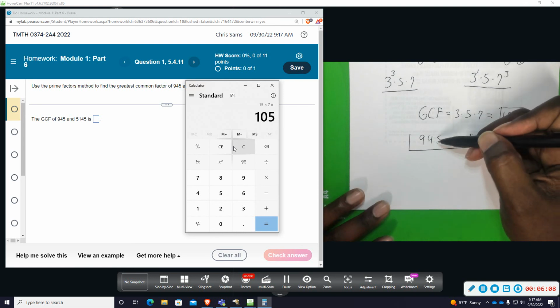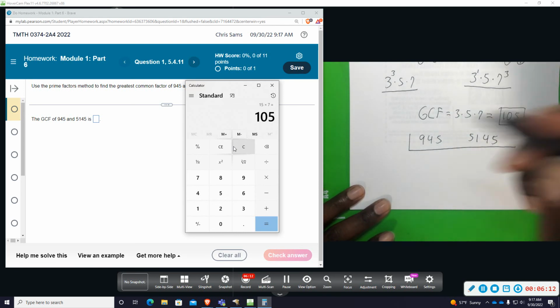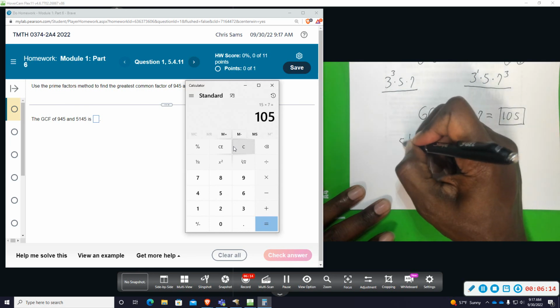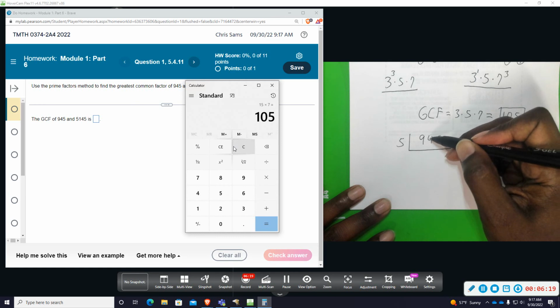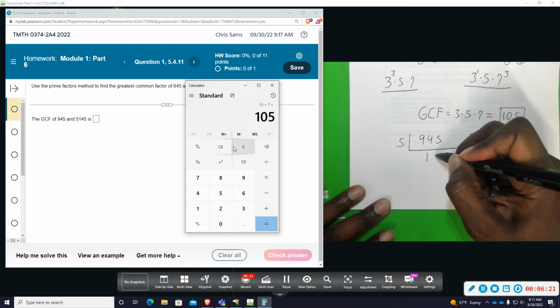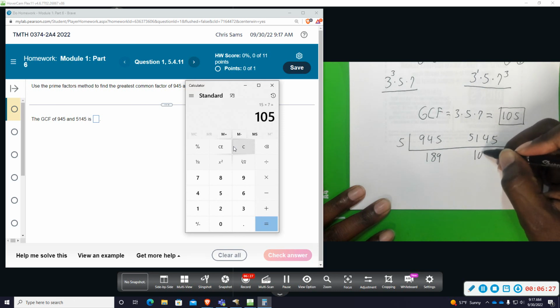All right, we're going to take both these numbers and see, okay, what can I divide both of those numbers by? Well, 5 again, so that's what we started with. I'm going to write 5. And then, when we divide this by 5, we get 189. And then over here, we get the 1029.